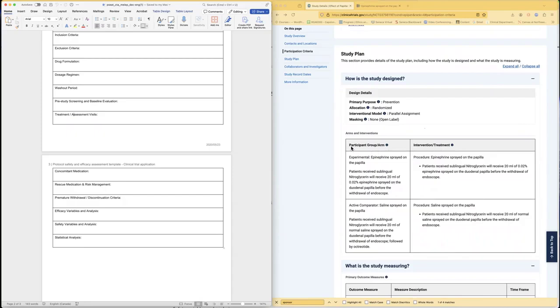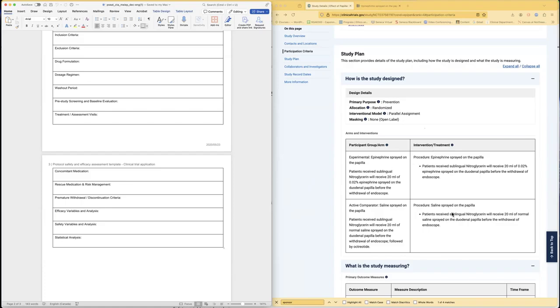So we have the participant group arm, we have two. We have the experimental group, so it's epinephrine sprayed on the papilla. And then we have the active comparator, which is the saline sprayed on the papilla.